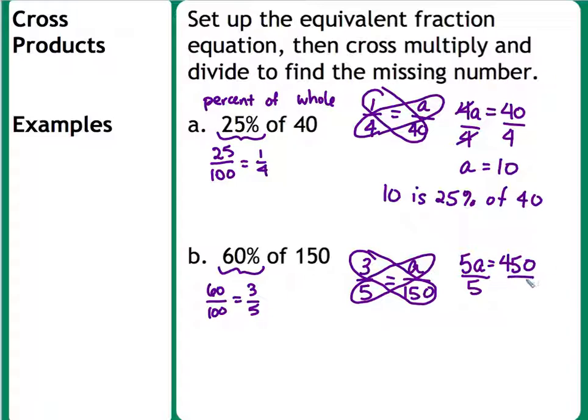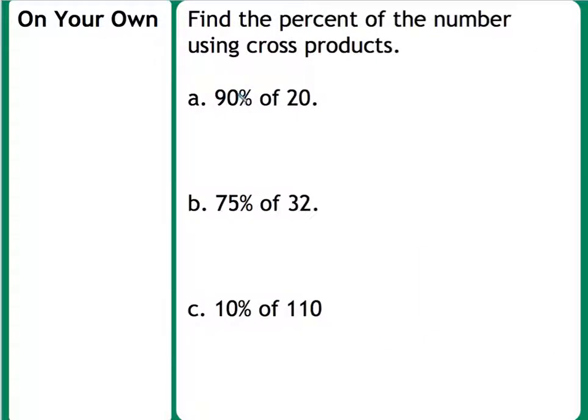Now to solve this, we're going to divide both sides by 5. And a is equal to 90. And just like before, 90 is 60% of 150. All right, so go ahead and try the last set of on your owns using cross products, and again, you should end up with the same answers as you did with the other on your owns.